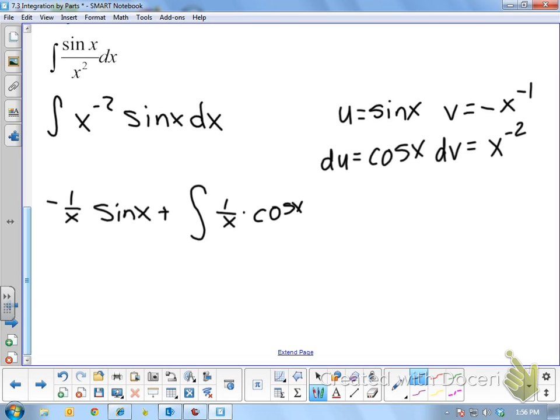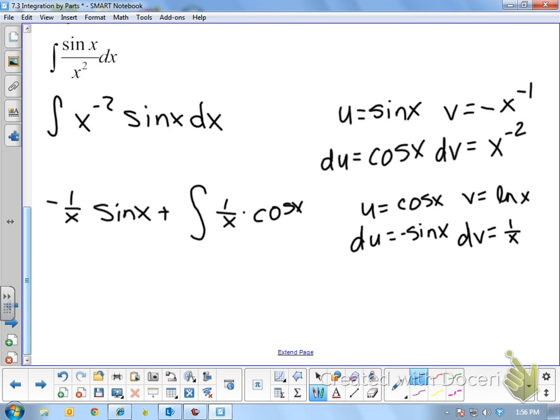So then, let's try again. Eventually we're going to get a logarithm, and that's what I want to see what happens. U is cosine, dv is 1 over x, v would be natural log x, du would be negative sine x.